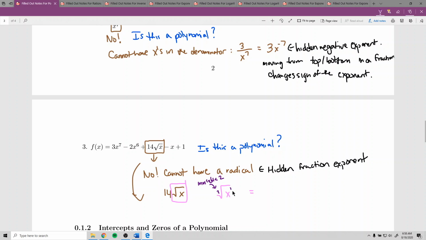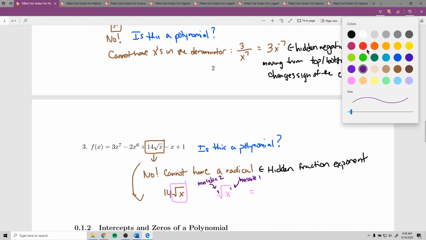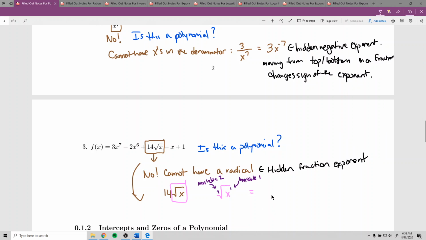And then when we don't write a power on the inside, it's because it's an invisible 1. And your exponent rule tells you if you want to switch from radical to exponent, your exponent becomes a fraction. The exponent inside is the numerator, the exponent on the outside is the denominator. Right? And as you can see, that is a fractional exponent. It's not a whole number, so it's bad.